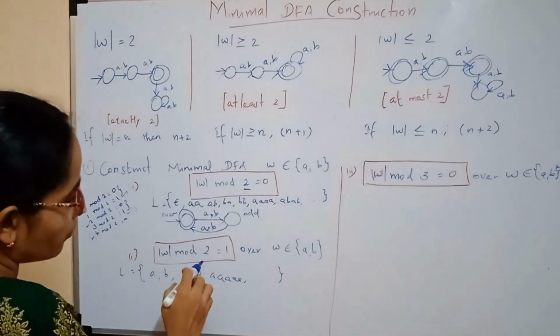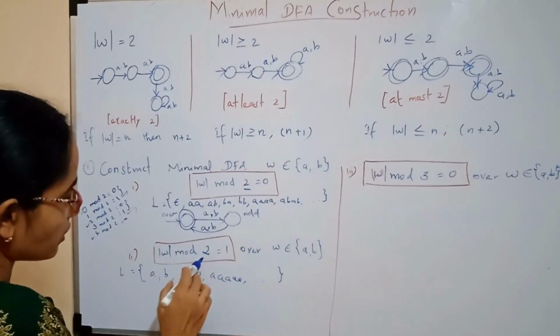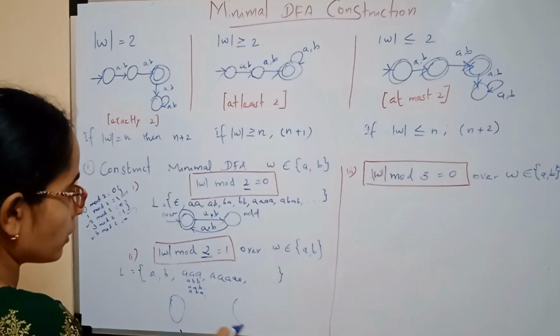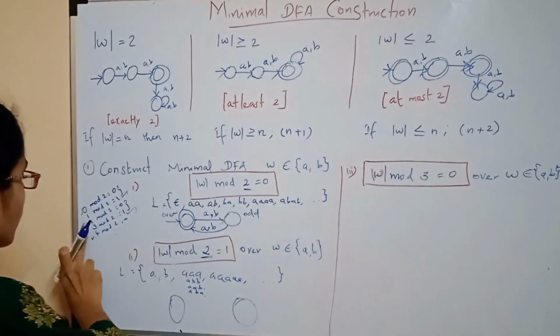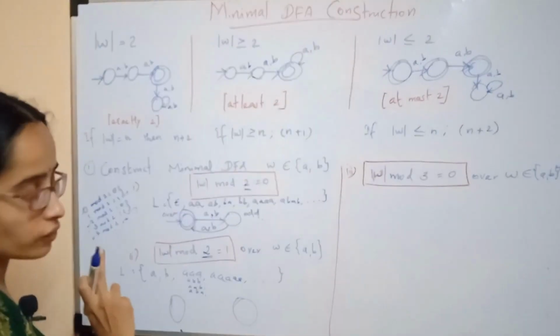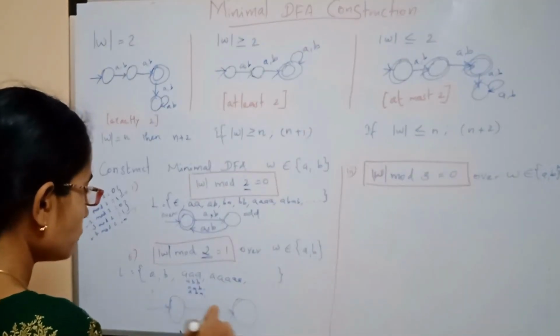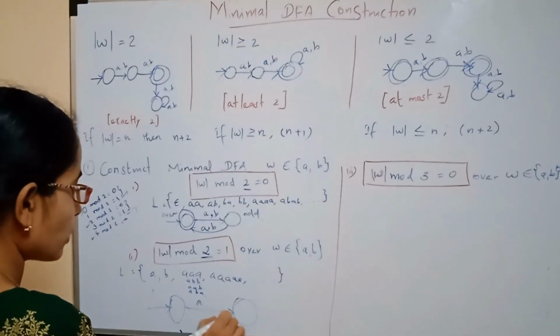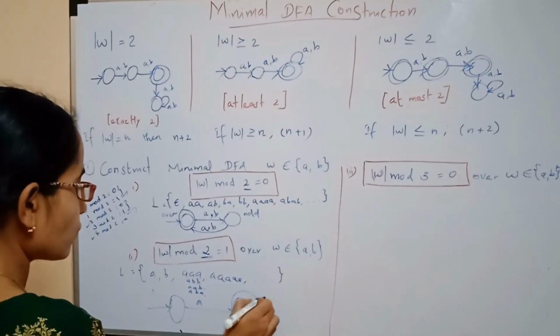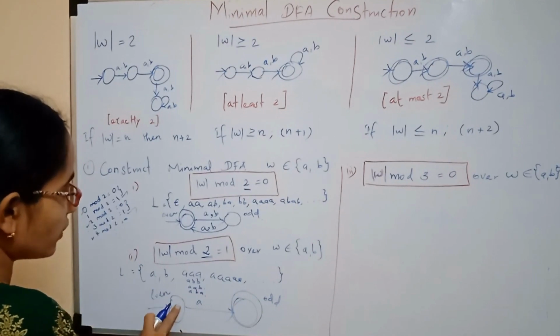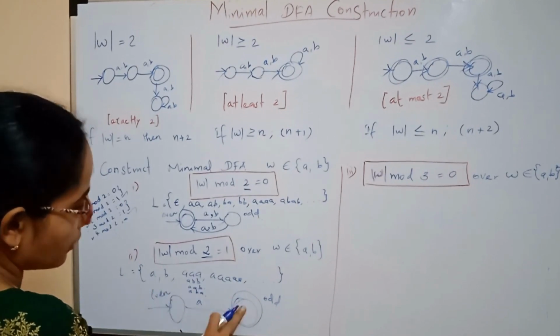Again, whenever you have a formula like this, you will have two states. Here we are accepting only the odd length of strings. This state represents even length and this state represents odd length.